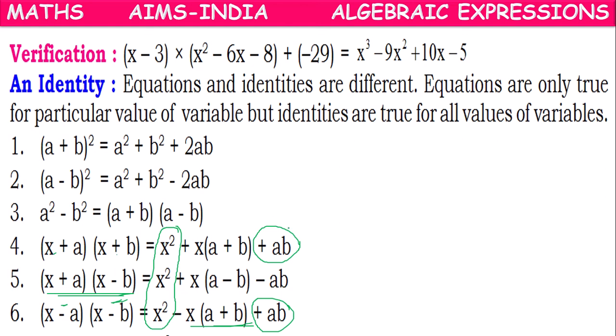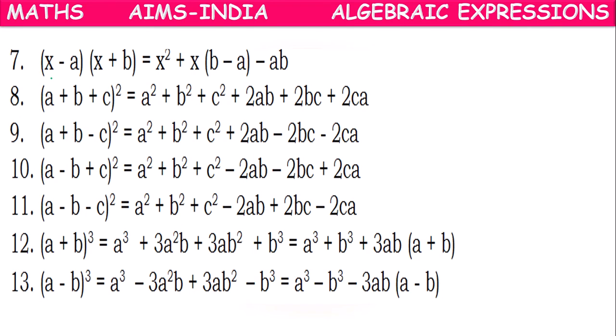When both are plus, the last term is plus; when both are minus, the last term is also plus. But only when one term is minus, the last term will be minus. If the second term is minus, the middle will have minus. If both are minus, the total x term will become negative. Or if the first one, for a, has a minus symbol, then also the last term will become minus, and here (b minus a) will come.